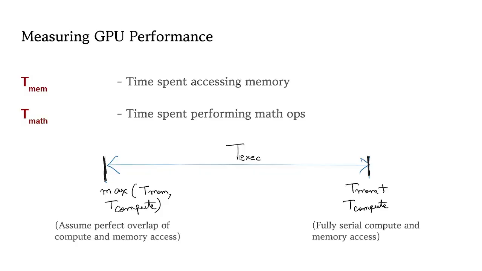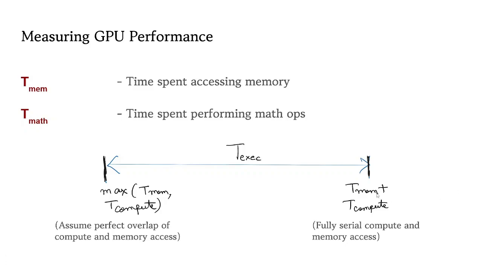The time our algorithm will take to run on the GPU will be bounded by these two quantities. The lower bound is the maximum of these two quantities. This is because here we are assuming a model where the memory operations and the math operations are perfectly overlapping, so the execution time will be whichever of these two quantities is greater.